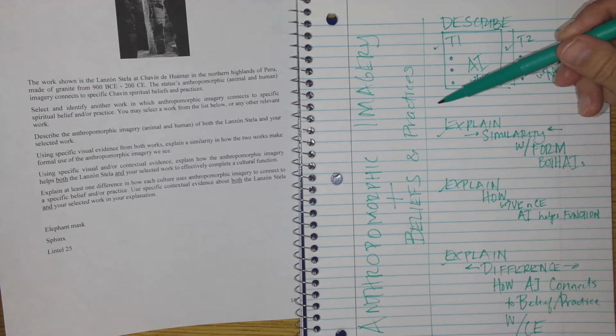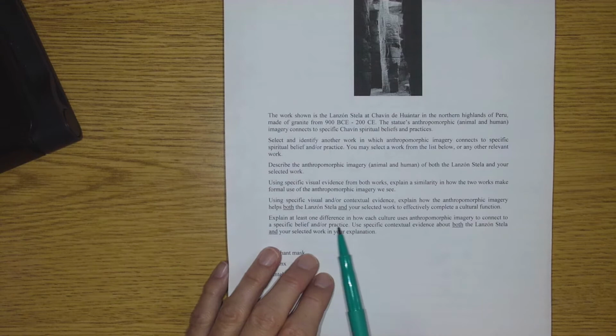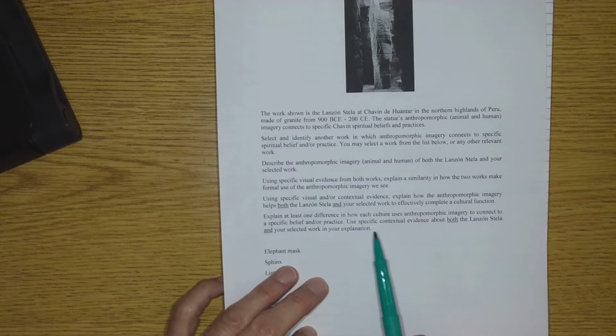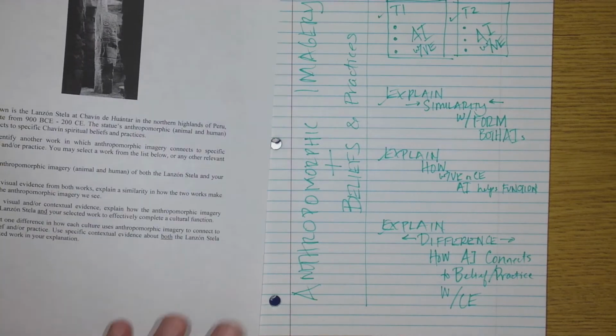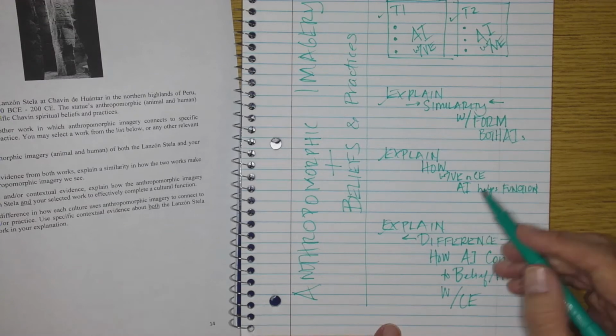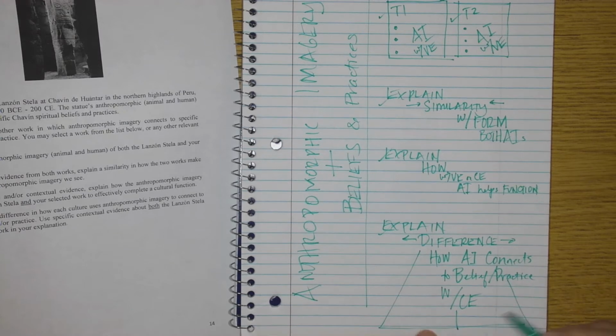Now, some of you might be able just to go straight to blocking, and that's okay too, okay? But I really think that you need to digest these later parts of the question because they get infinitely more complex. Take a look here. We're not done with this. One difference in how each culture uses AI to connect to a specific belief and or practice. Use specific contextual evidence about both the Lanzón Stela and your selected work. So I really have a pyramid right here of thinking where I have the idea, the difference, but I got to have, right, my evidence from both where I talk about one work here and one work there.